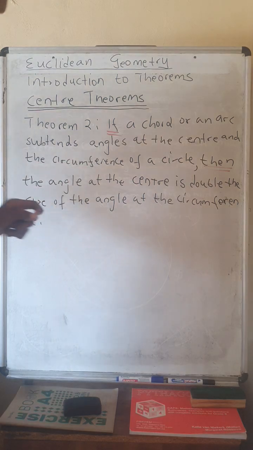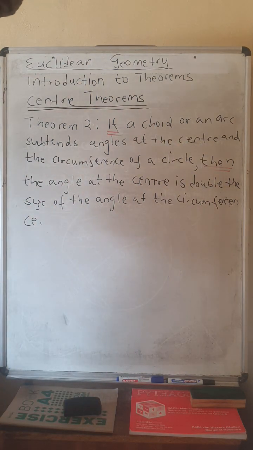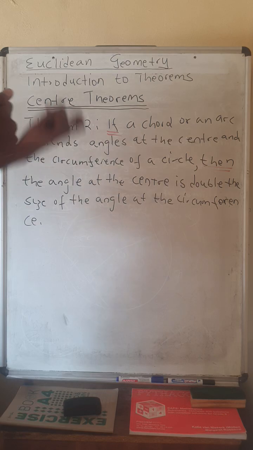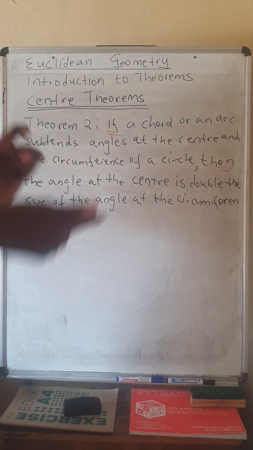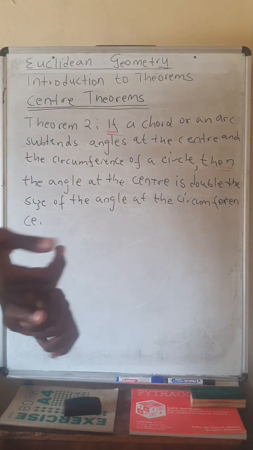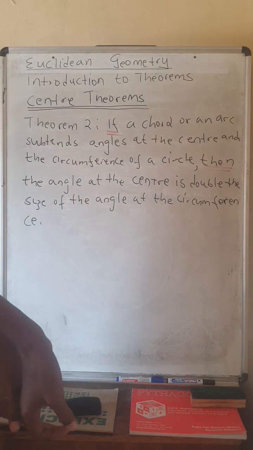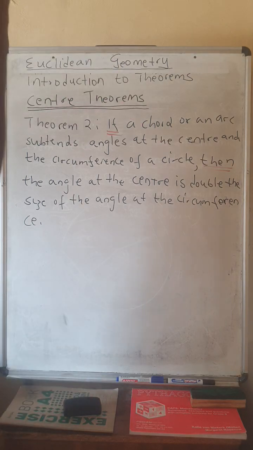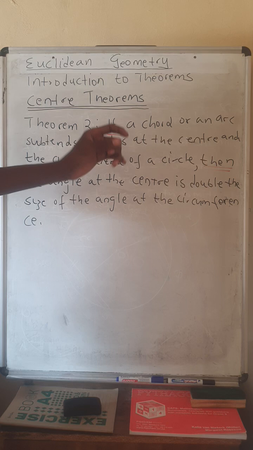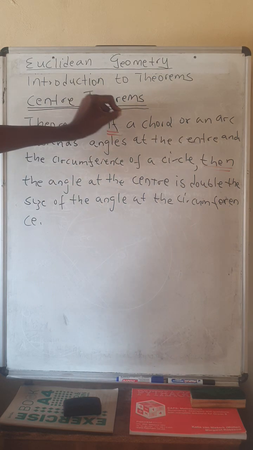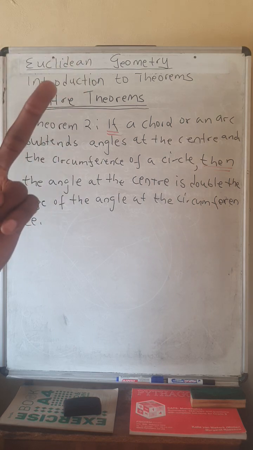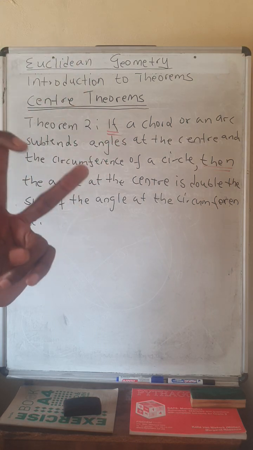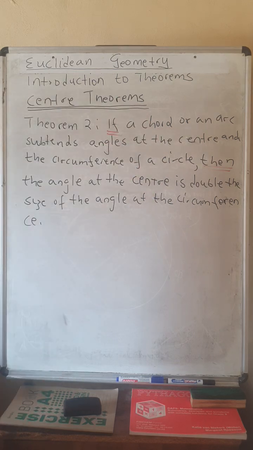So in order for this theorem to be applicable, it's either a chord or an arc that subtends an angle at the center and an angle at the circumference. So in simple terms, a chord or an arc must subtend two angles, one being at the center and one being at the circumference.